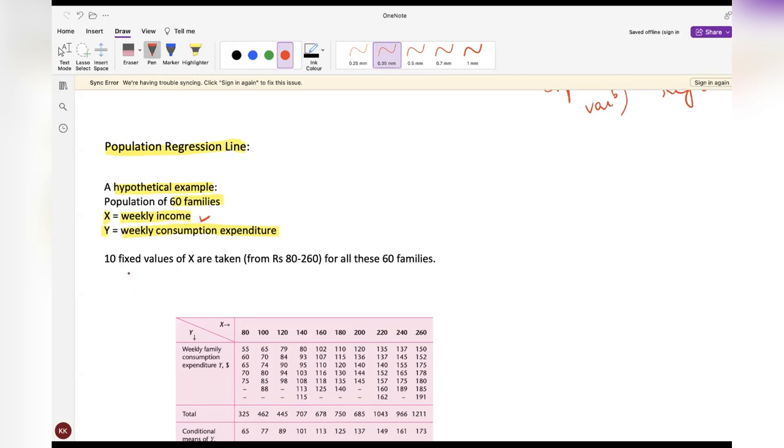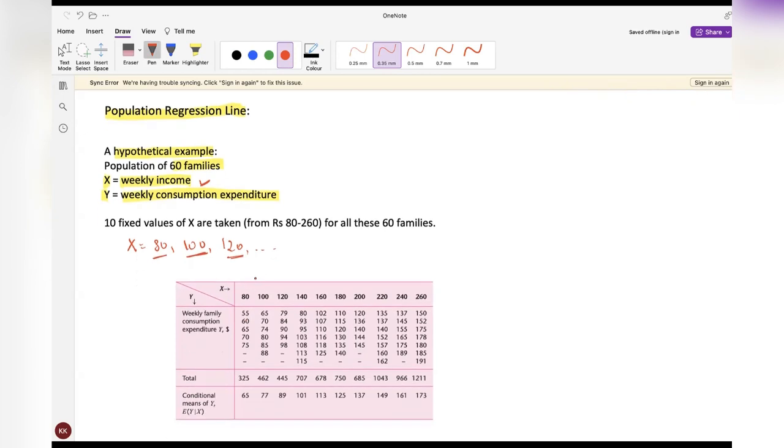So let's say that X takes on the value of 80, then 100, then 120, and so on and so forth. That means that all these 60 families will have a weekly income of 80 or 100 or 120 and so on, and nothing below that or above that, right?